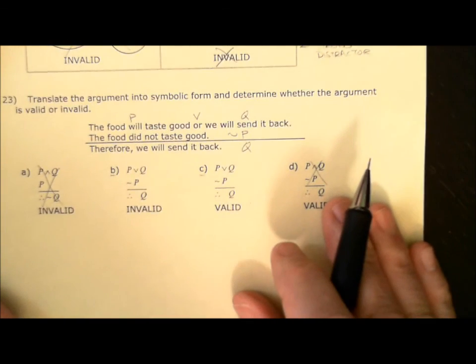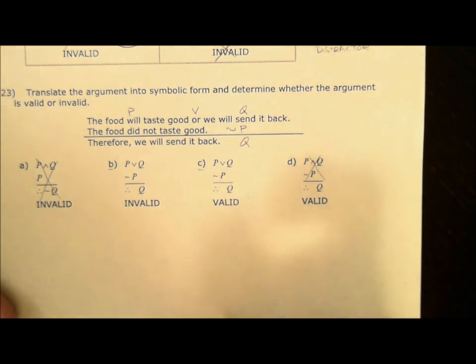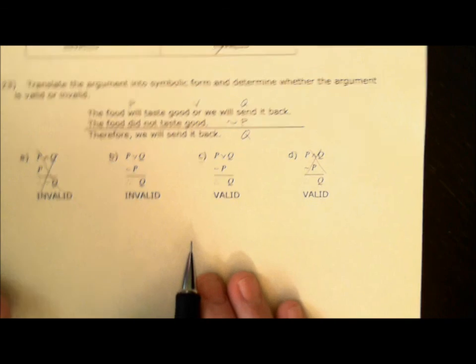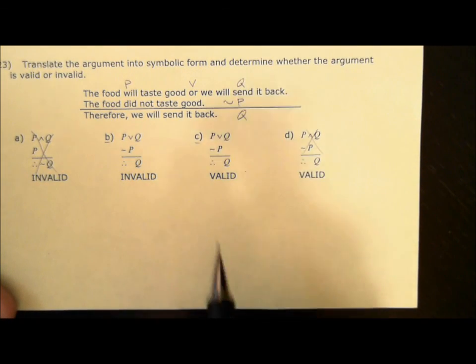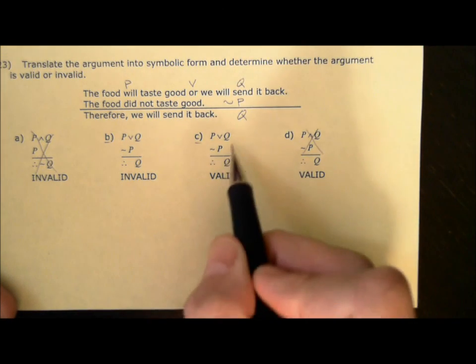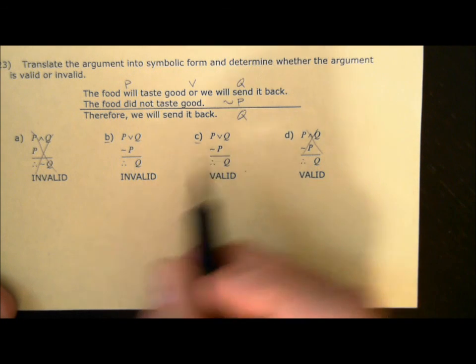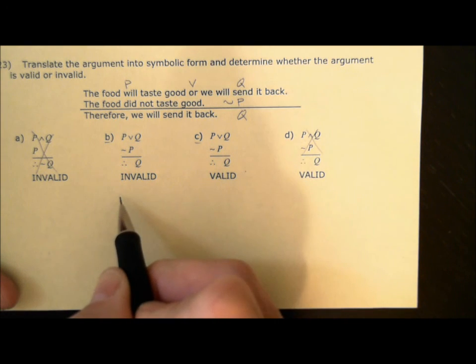Okay, back to this one here. So we're left with these two choices, valid or invalid. There's two ways to do this. One is to say it's valid by pattern, and this is a valid pattern, or we can do a truth table or a bad row.